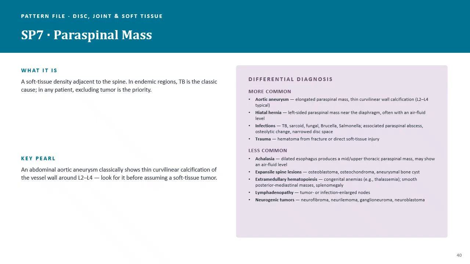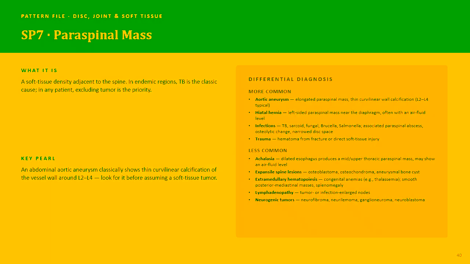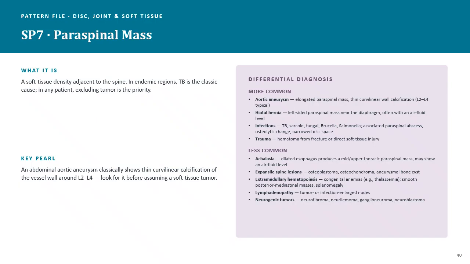A mass could also represent a tumor, enlarged lymph nodes, or bleeding from some sort of trauma. So we can't always assume that every paraspinal mass is related to infection.